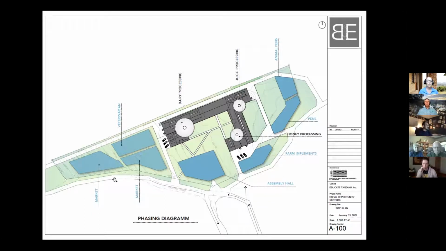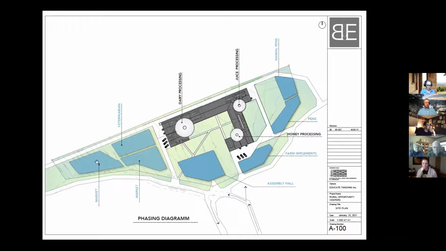So that's the general lay of the land, and this boundary is the property that we've designated for this first phase of the rocks. The first phase has been broken up into many phases, but we wanted to always keep our eye on the future development of the site.